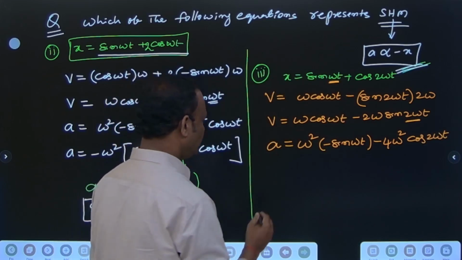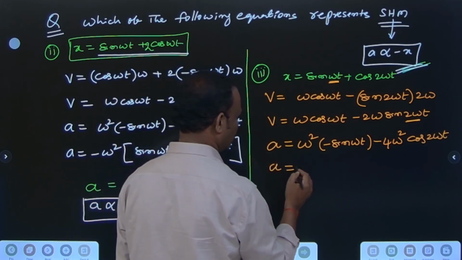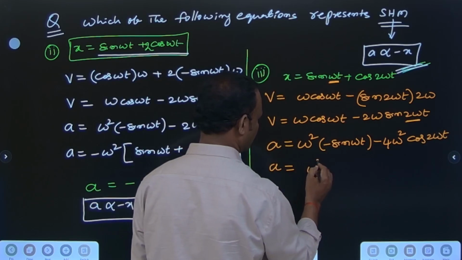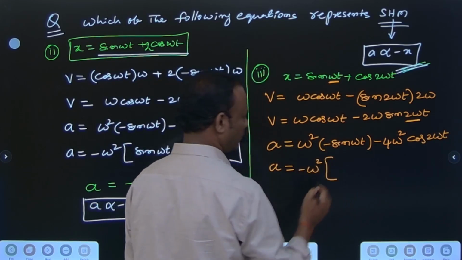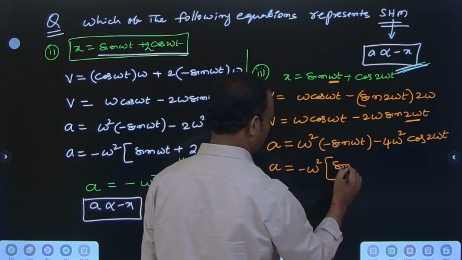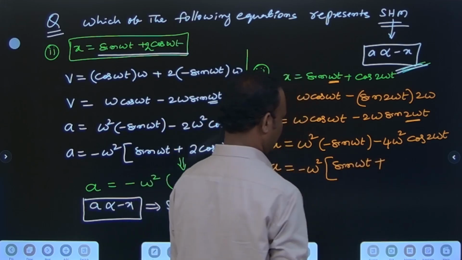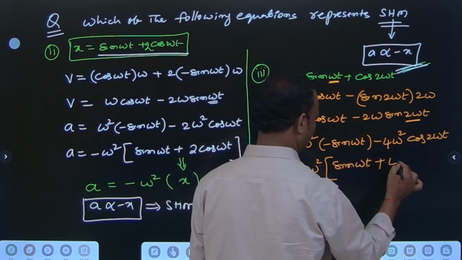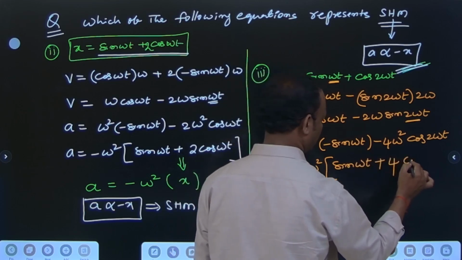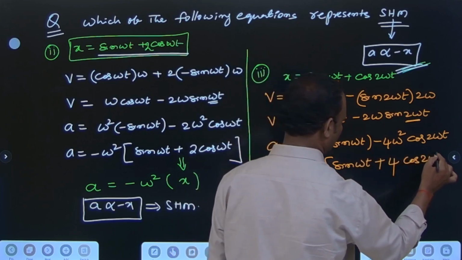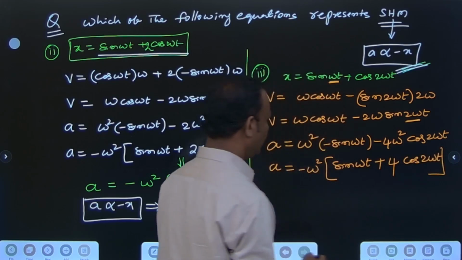Correct? So a is equal to omega square, minus common, what do you get? sin omega t plus 4, correct? 4 cos 2 omega t.